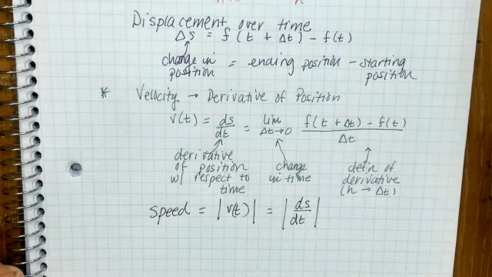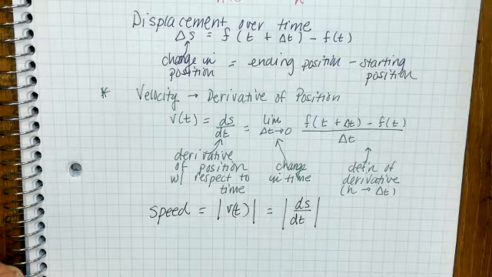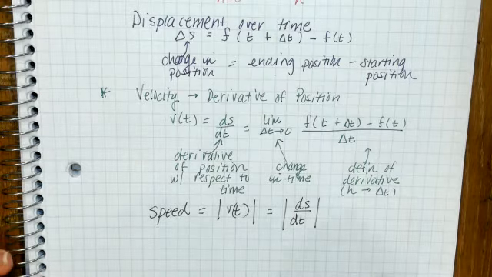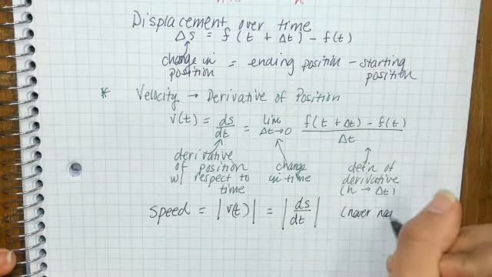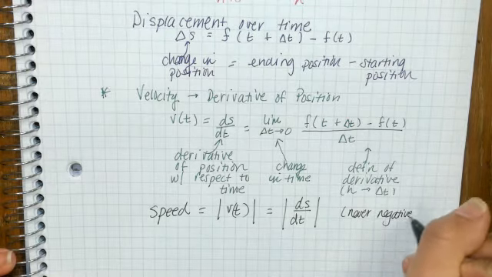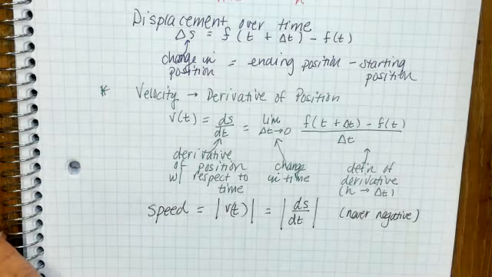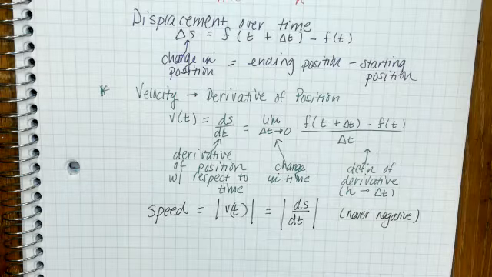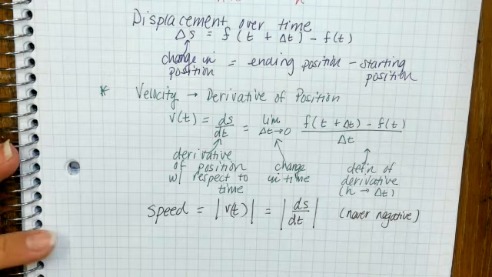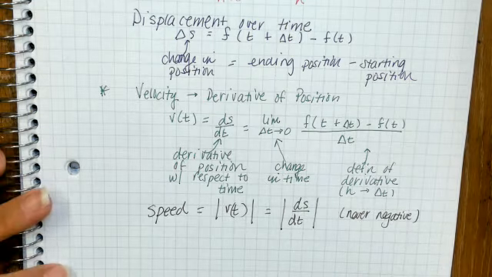Speed is never negative. Velocity can be negative. Get pulled over, you're not going to tell the police officer, oh yeah, I was going negative 10 miles an hour. So we'll talk about what it means when velocity is negative. Maybe you can figure that out.